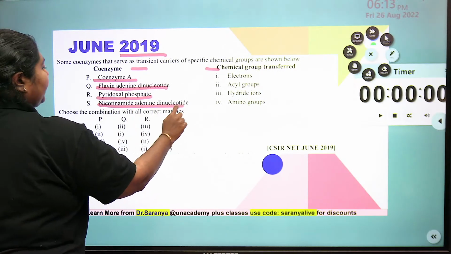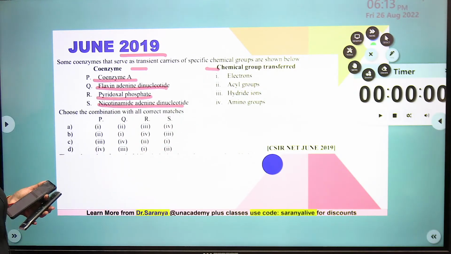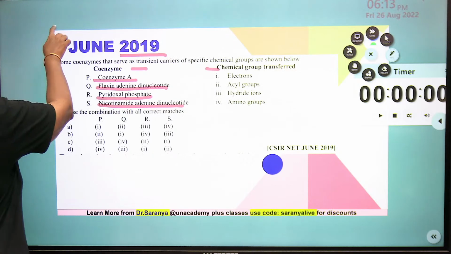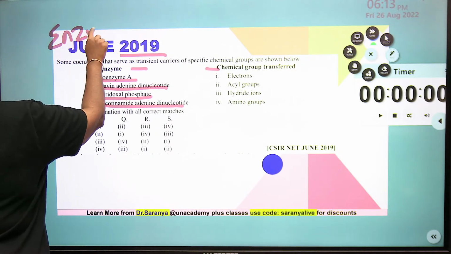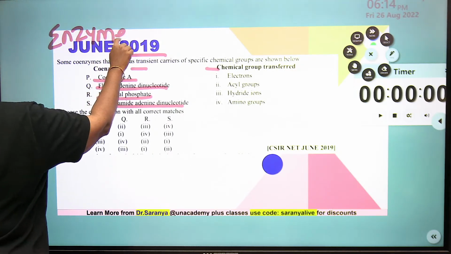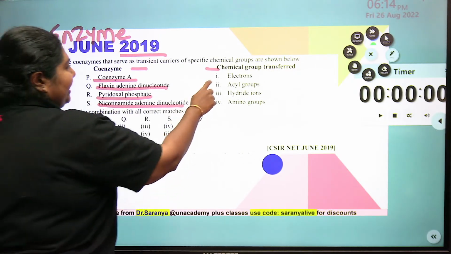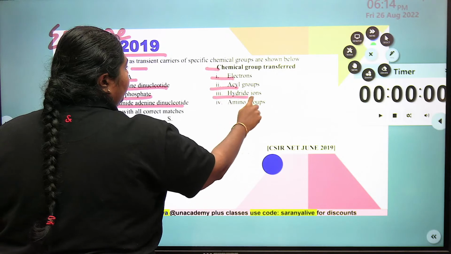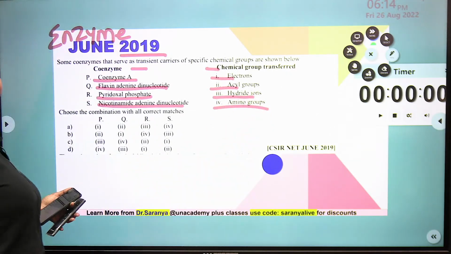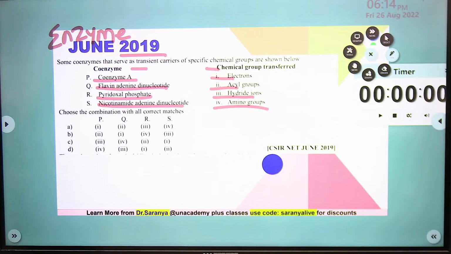Next is nicotinamide adenine dinucleotide. You are going to match them with the chemical groups that are transferred. This is coming from your enzymes, which is another important subtopic for your preparation. Don't miss out. It includes electrons, acyl group, hydride and amino group. You are going to match and tell me which is the correct one.